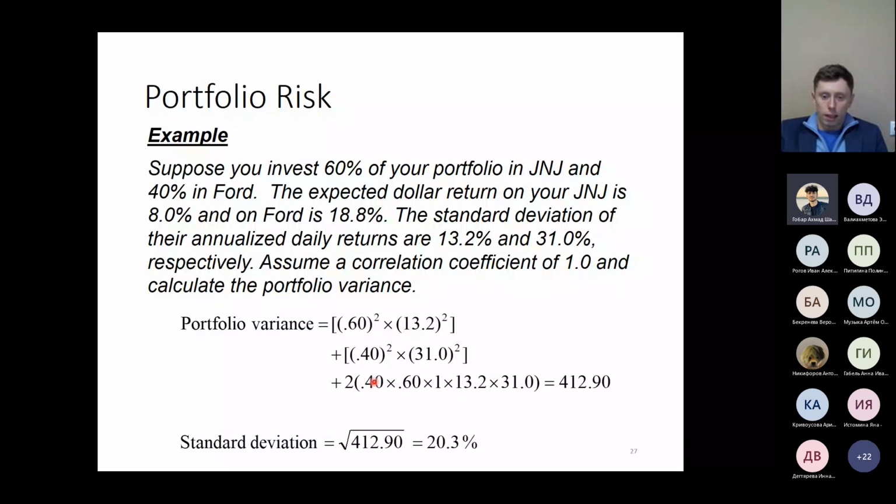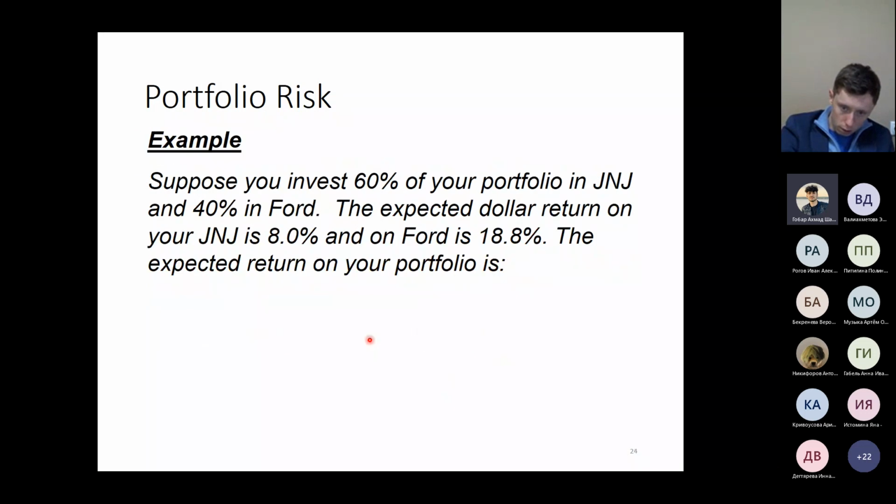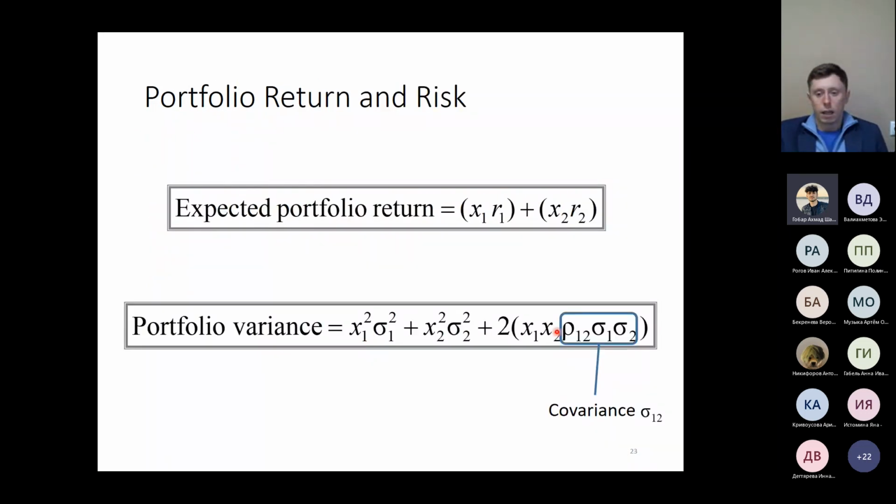And note that if we have 1 here, then this formula, where is it? This formula. If the correlation coefficient, if there is a perfect correlation between those two stocks, then this formula we can convert it to what? Maybe someone can add.